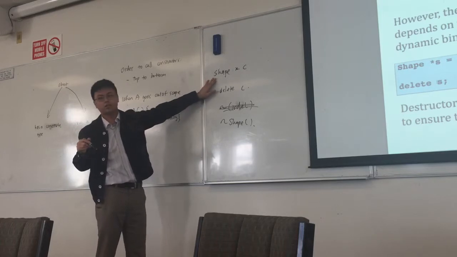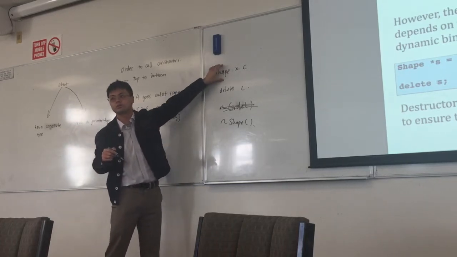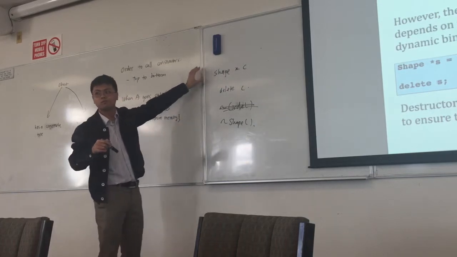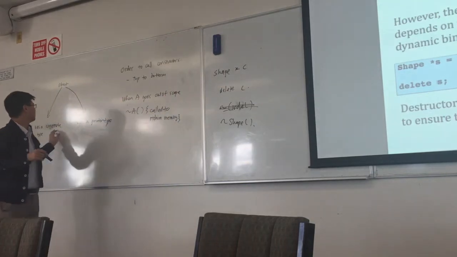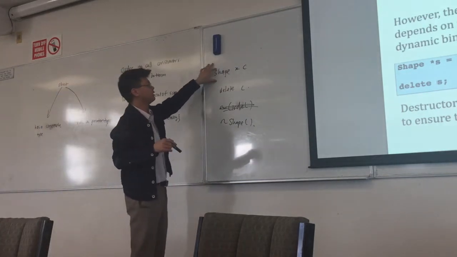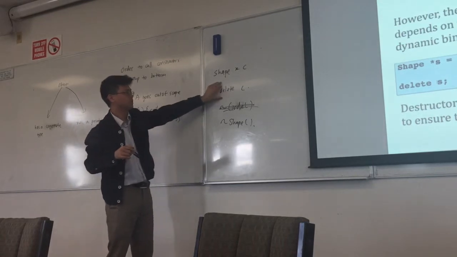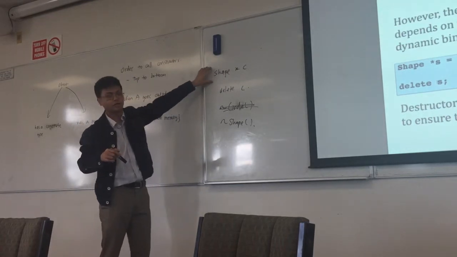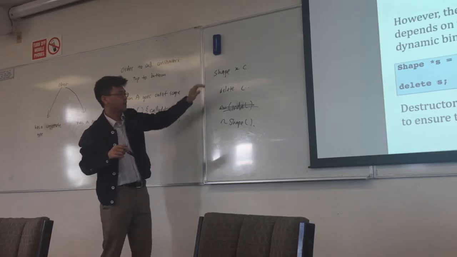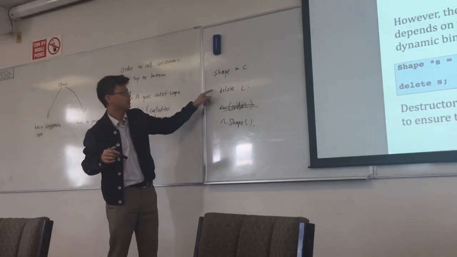So it will search for a destructor in the scope of the type of the pointer, not the type of the object. So C is a circle, it does have its own destructor, but because it is represented as a shape, the compiler will search for the destructor in the namespace of shape. Right? And if you declare something here that you need to clean up, it will not be cleaned up.